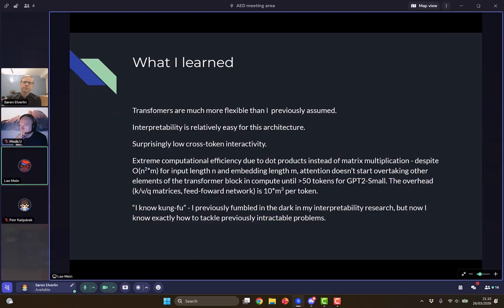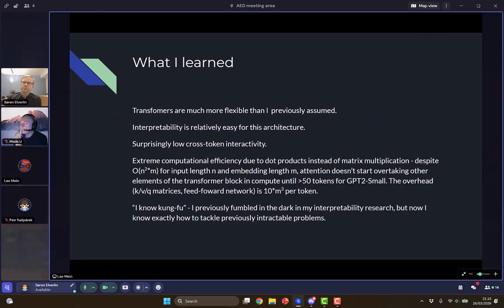So instead of n squared m squared in big O, you get n squared m in big O. So that's actually a huge deal.